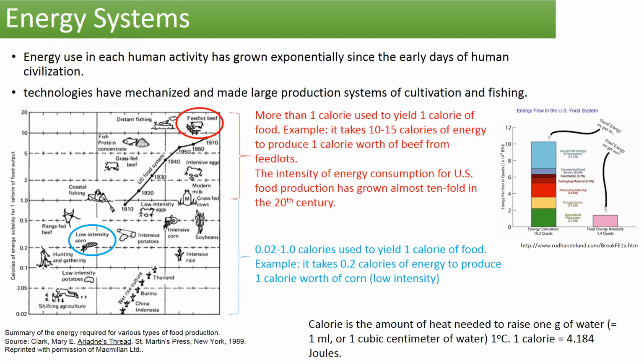So in order to have that 1 calorie worth of beef, I may have to spend 10 or 15, but not only at the feedlot itself, but in the whole food chain, okay? From keeping the cattle all the way to the house. So there is a chain of food where we also spend energy.